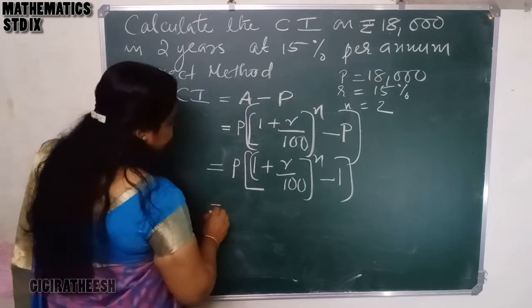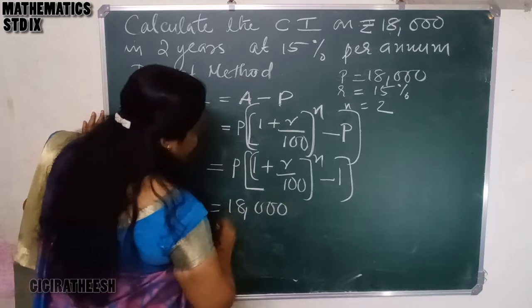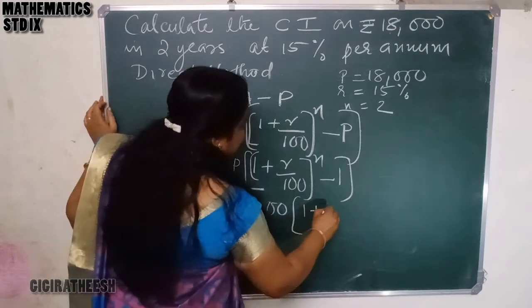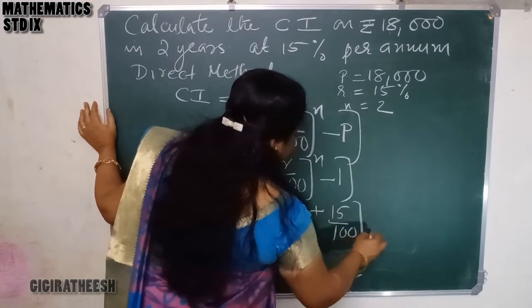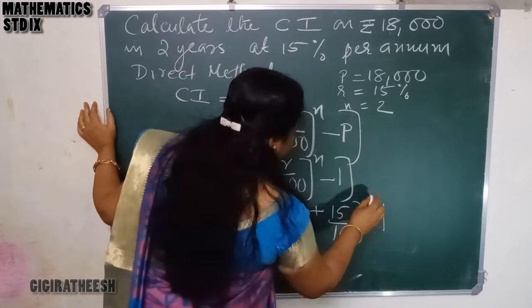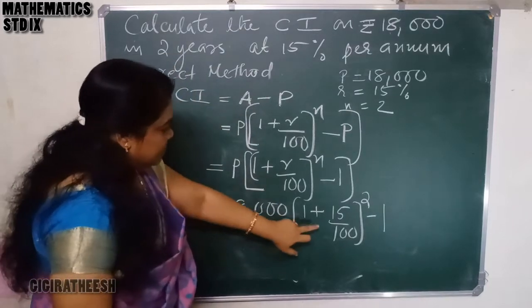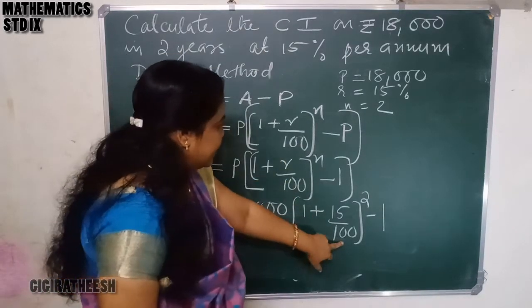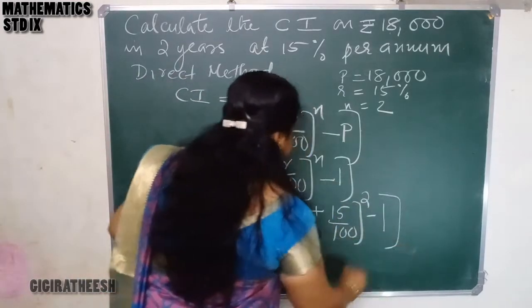Substituting the values, that is 18,000 into 1 plus R, which is 15 by 100, the whole raised to N, which is 2, minus 1.